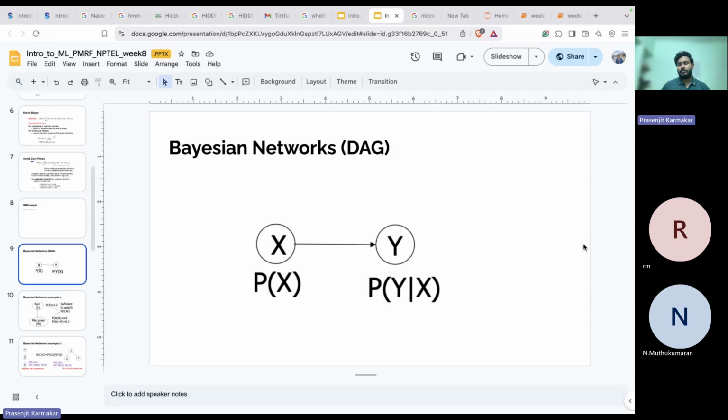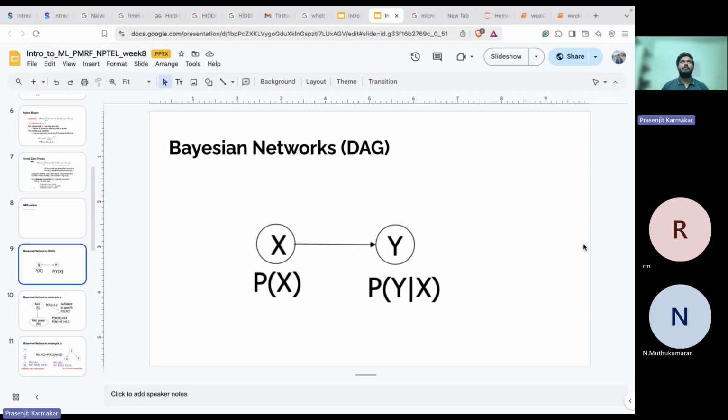These two are related to each other. So the rain directly influences whether it will be muddy on the road or not. Those are the types of complex relationships that I'm talking about, right? There can be multiple variables that influence a particular phenomenon, right? These relationships can be captured with Bayesian networks. And what do I mean by captured?